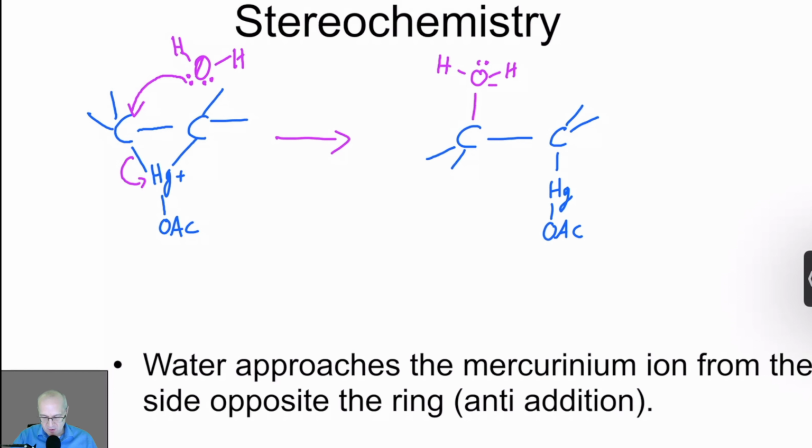The water, the alcohol, will be anti to the mercury. They're on opposite sides, because to work, the nucleophile has to come in from the side opposite of the mercury, similar to what you would see in an SN2 reaction, but not quite exactly the same as SN2. Okay, so just keep that in mind.